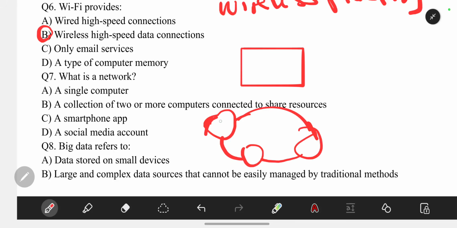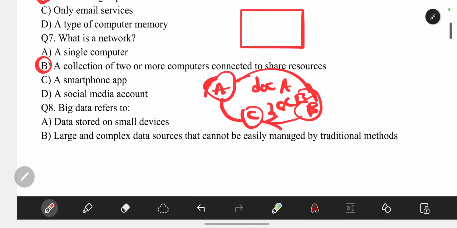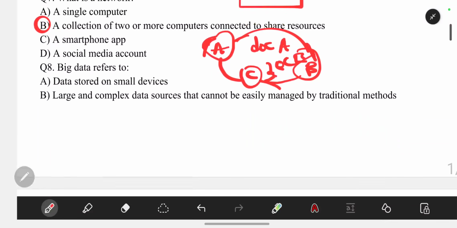For example, they can share documents from computer A. It can be sent as doc A from here. You can even send, if this is B, you can send another document to C, which is your doc B, and all that. So an internet is just the interconnection of computers. When 2 or more computers are connected to share resources, then they are termed as the internet.